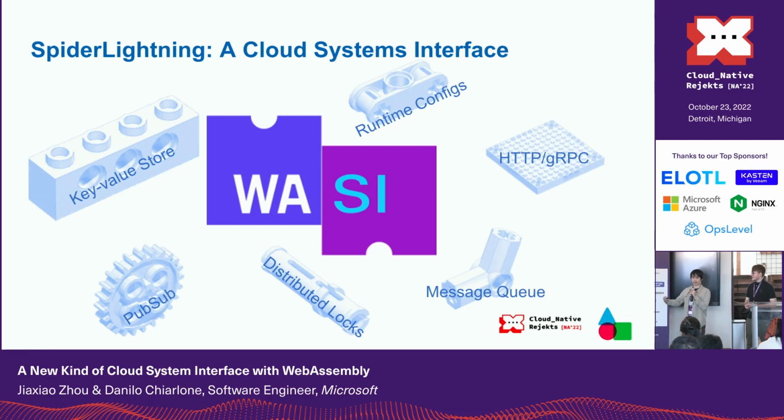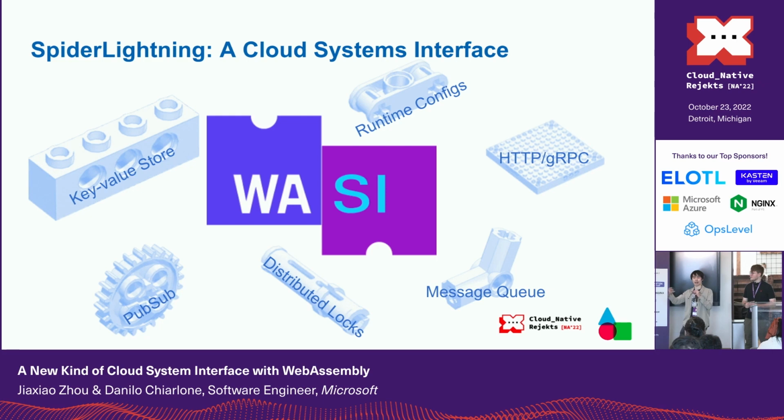We'd like to extend that analogy to above and beyond. WASM is a virtual architecture. WASI is a virtual operating system. And we want something that represents virtual cloud-native APIs or virtual distributed application capability APIs. And that's where SpiderLightning comes in.